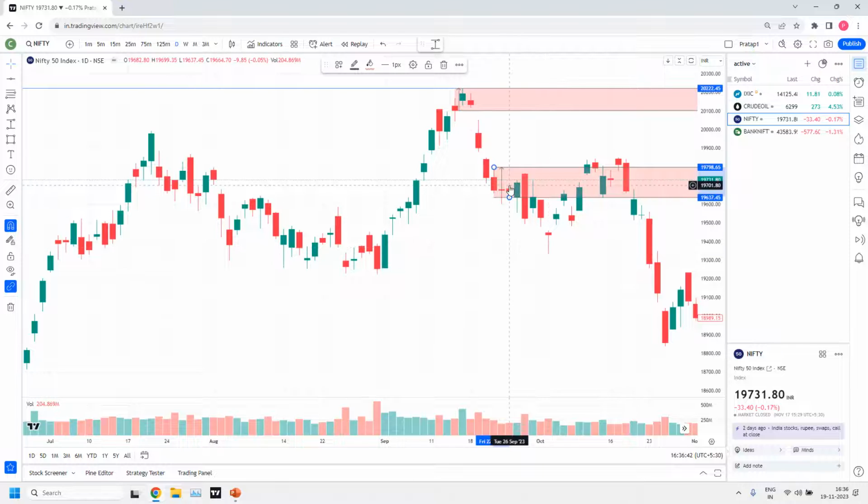Okay. Now after that what happened? The prices are moving up. Is there any demand zone created here? No, because there are no base candles.